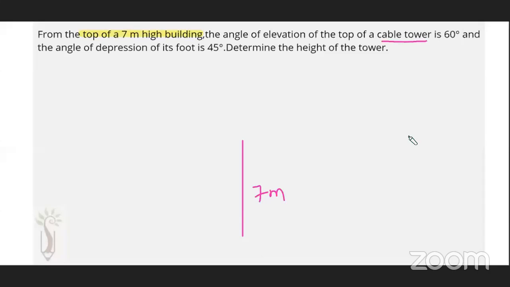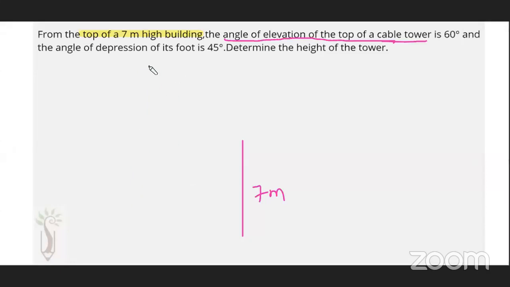How do we check it? The first section of the question is the angle of elevation of the top of the tower. So what is the rule for angle of elevation? You are observing in such a way that you look up. Angle of elevation means you look up. That means the cable tower should be higher than the building, that's when I can look up, right?